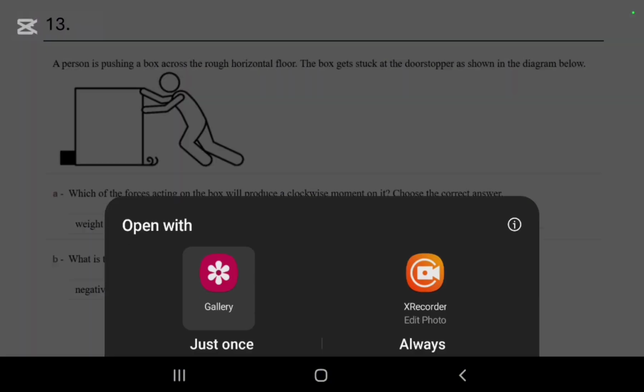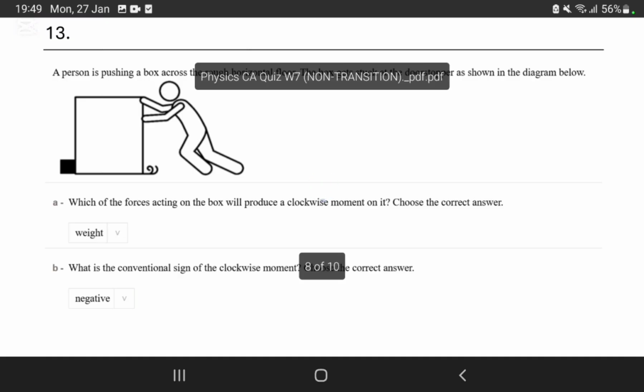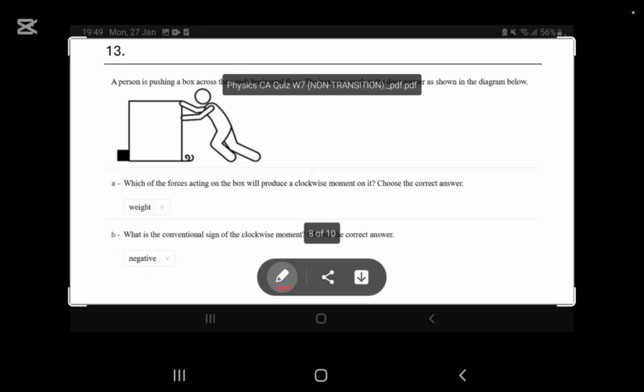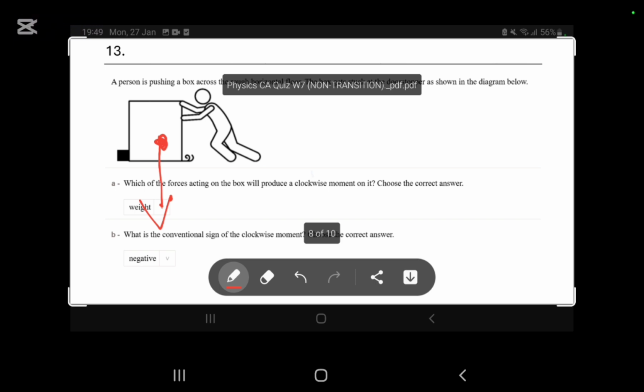Let's see. Let me draw the force. So the force is weight. Let's say the pivot that we have here is the door stopper, and weight is pushing the object down.